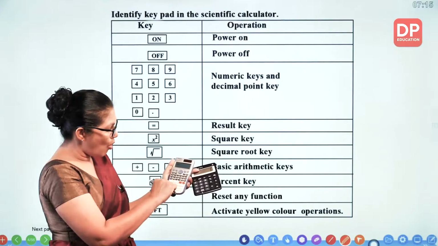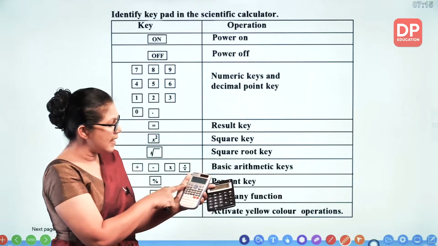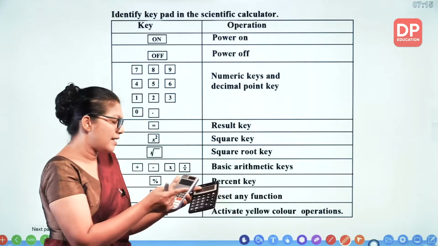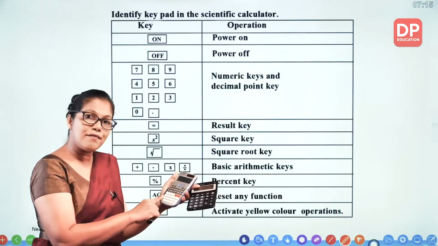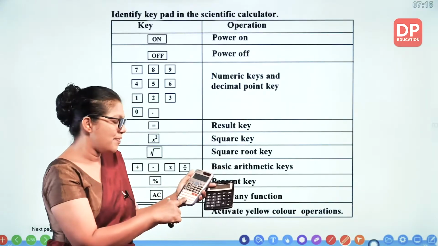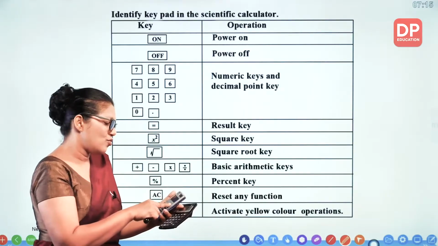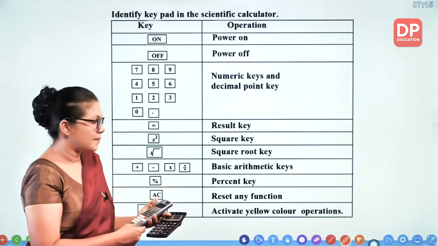So there are small letters in yellow color, and also in my calculator there's an alpha that's in red color. So all red colored functions, if you want, you have to press the alpha button and then press the normal function. So different calculators use different functions.